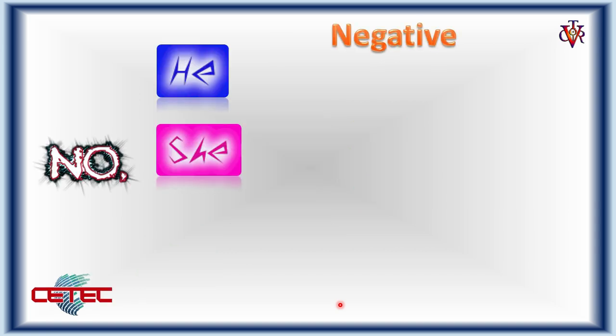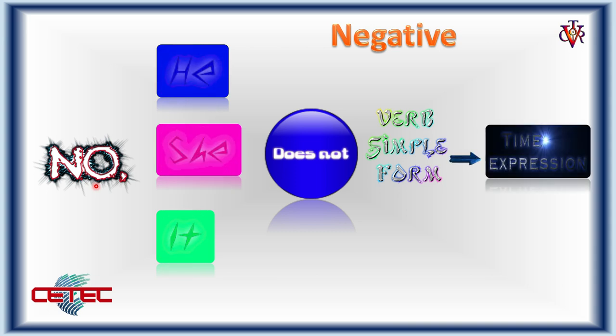Now, in negative but with he, she, it, for man, girl, thing or animal: doesn't, the verb in simple form and time expression. No, she doesn't. No, it doesn't. No, he doesn't. The structure is so simple. Negative, he, she, it, doesn't or does not, and verb in simple form.